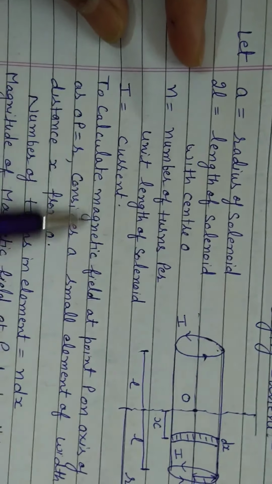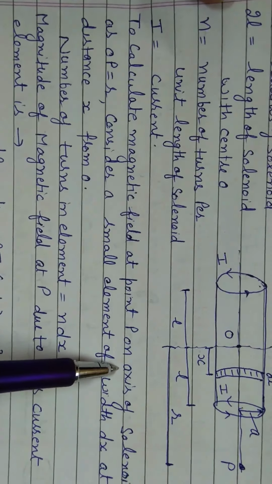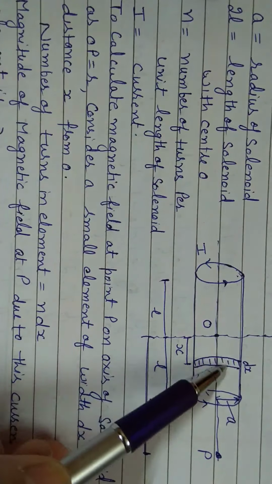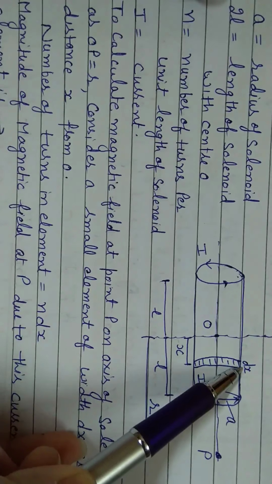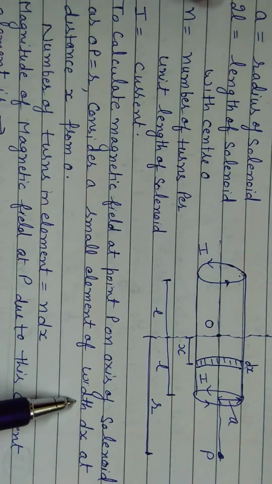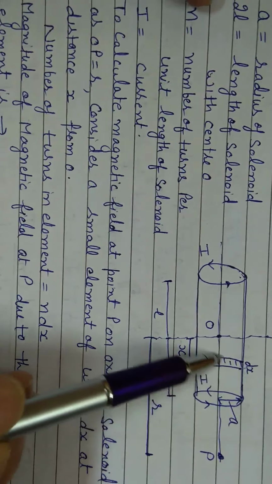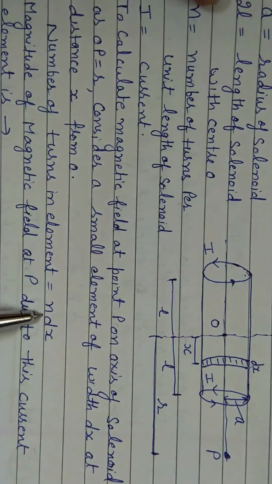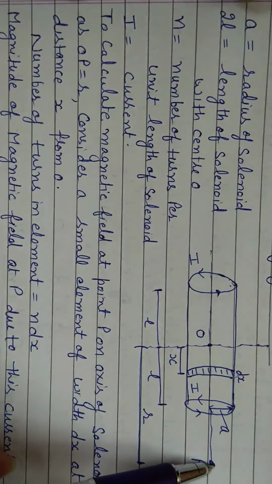To calculate the magnetic field at point P on the axis of the solenoid, we consider a small element of width dx at a distance x. In the small element, the number of turns becomes n dx.